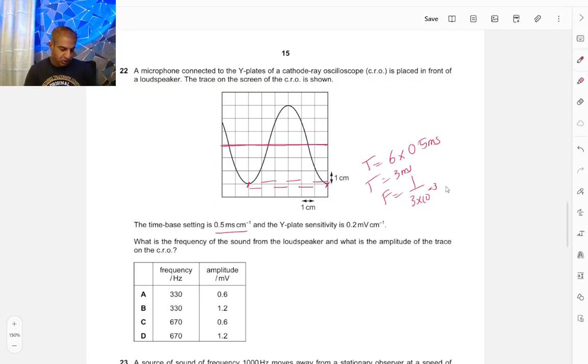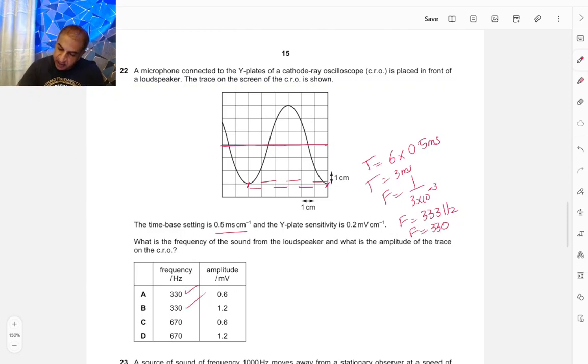That means 1 divided by brackets 3 into 10 raised to power minus 3, close the bracket, and I'm getting a value of 33333. So f is equal to 333 hertz, which should be about 330 hertz. So that means these two.